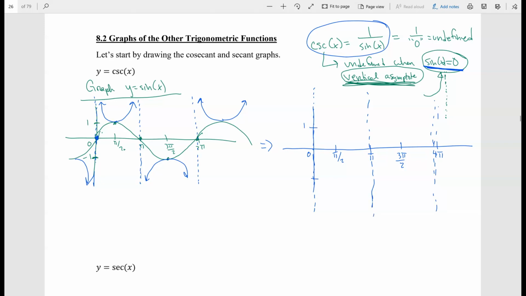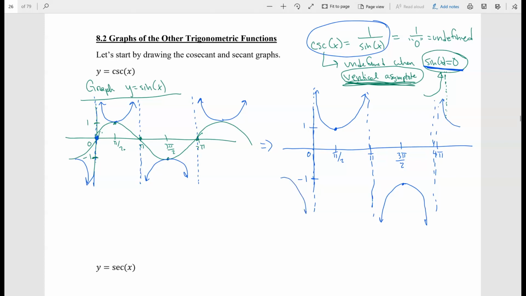Remember, those were the amplitudes, but here we don't have an amplitude anymore. Wherever you didn't have an asymptote, you're just going to have these vertical parabolas. They're pointing up, and they're also oscillating, pointing down. The thing about these parabolas is that they're not crossing the asymptotes. They're getting really, really close to them, but they're not touching them.